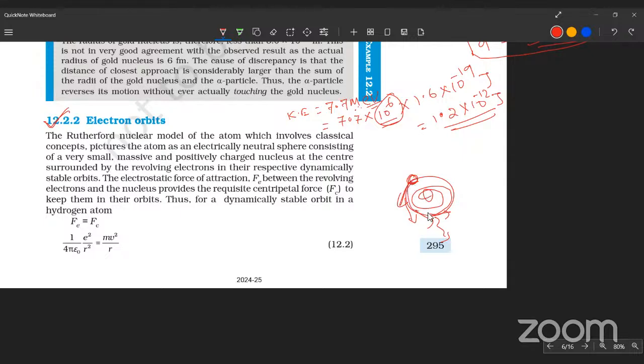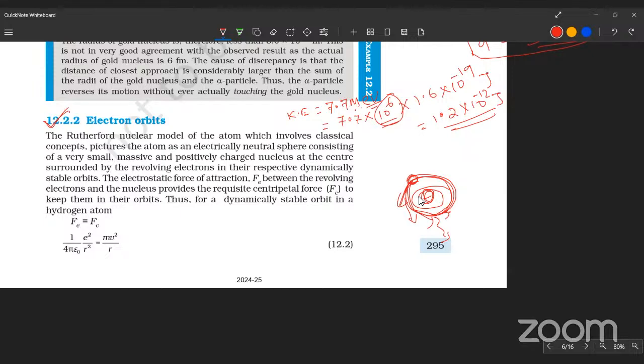Does the electron revolve around the nucleus in a fixed orbit or a variable orbit? Then Bohr came up with the idea of fixed stationary orbits, and we will come to Bohr's model in detail in the next part.